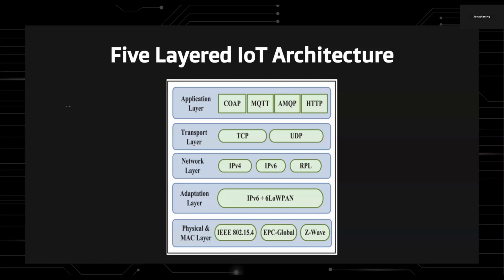The network layer will consist of IPv6 and RPL protocols to handle data transmission. The RPL protocol organizes devices in a hierarchical manner called a DODAG to prioritize energy efficiency and reliability. For the transport layer, this layer balances speed and reliability using TCP for critical data and UDP for faster data streams.